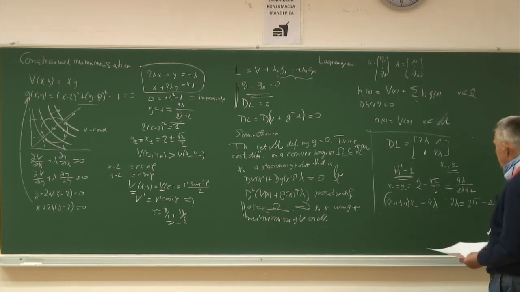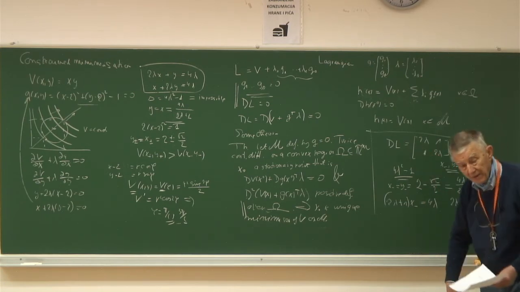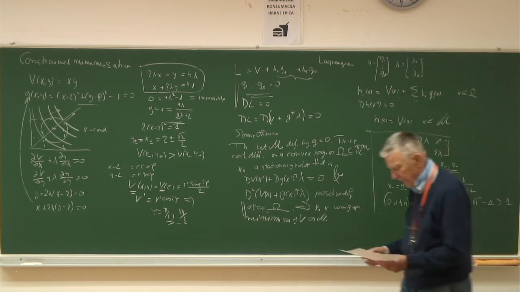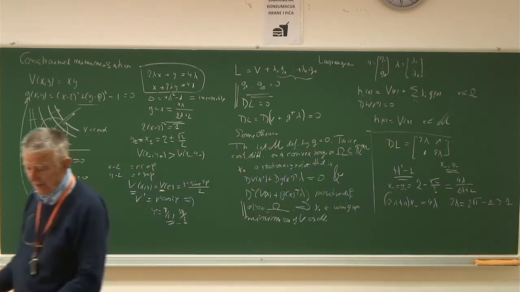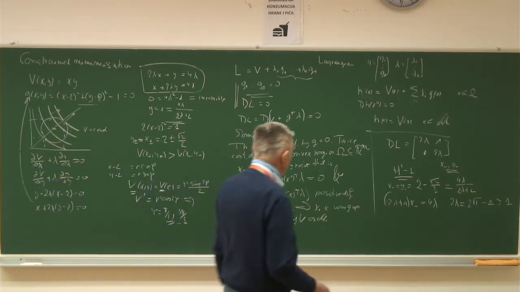And vice versa, if you take x plus, y minus, or x plus, y plus, then you will see that this 2 lambda is smaller than minus 1. So it would be just negative definiteness. That's the maximum. Okay. So that's fine. On this example, our theory works.